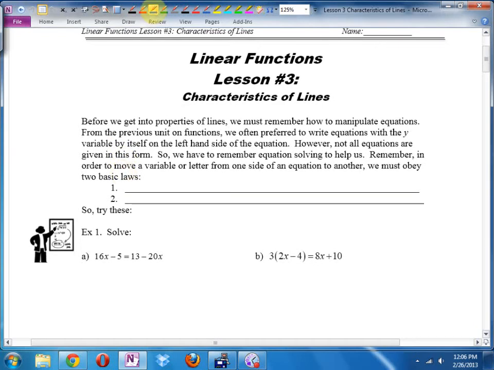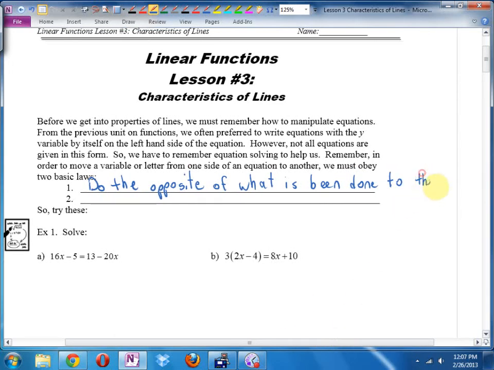Rule 1, do the opposite of what is being done to the variable.